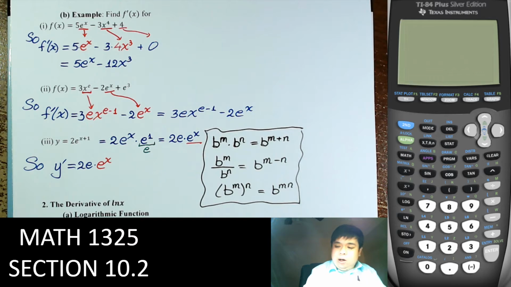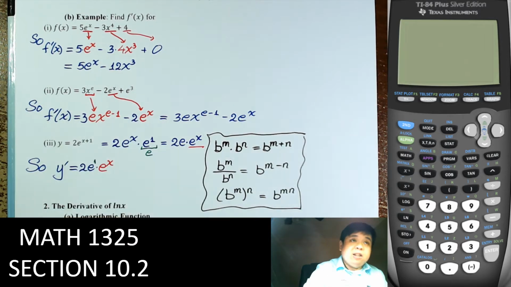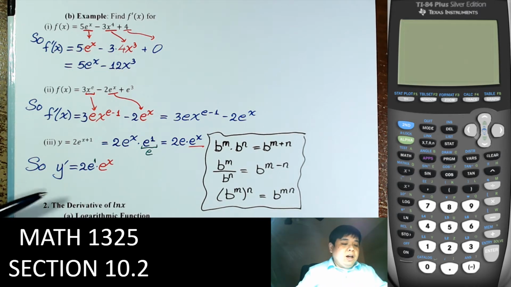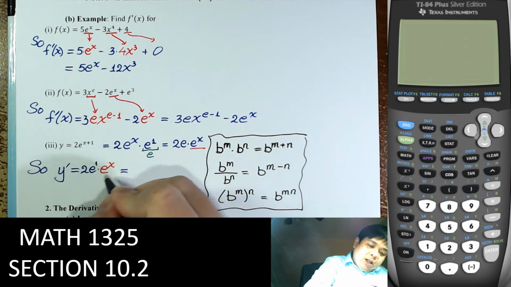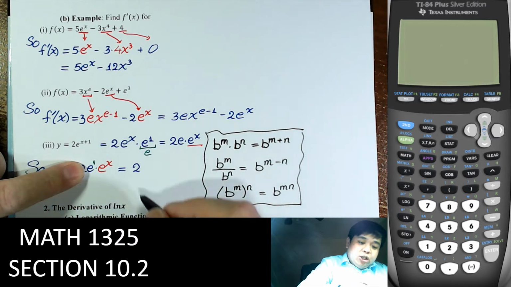And you say, wait a minute, is e the same as e to the first? Yes, it is. But isn't that multiply where we add the exponent?